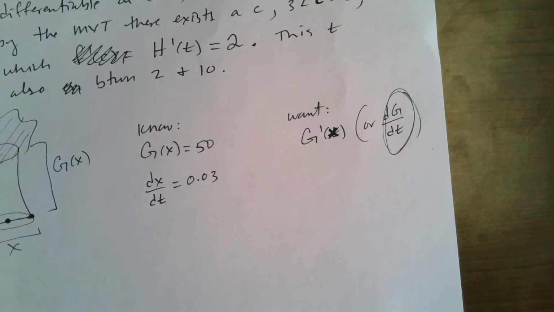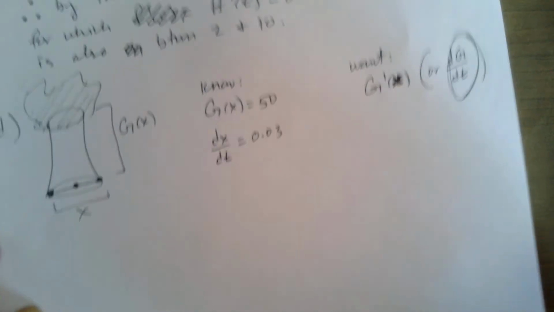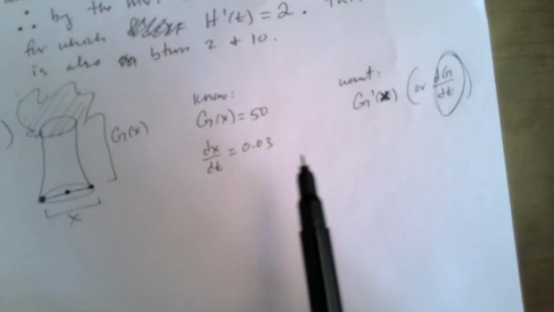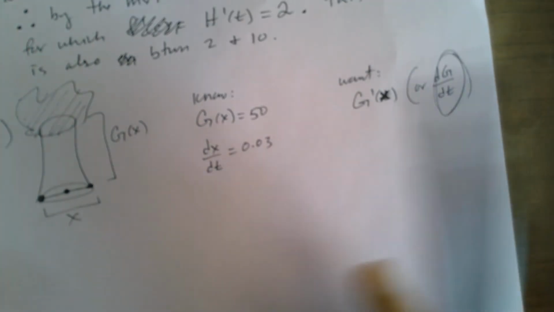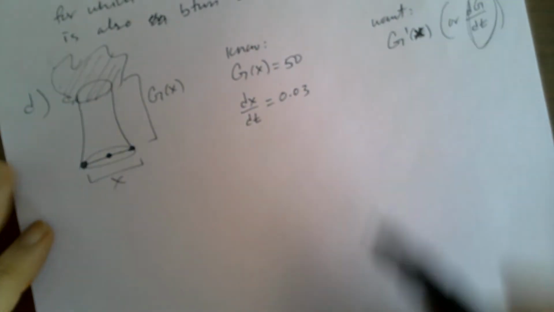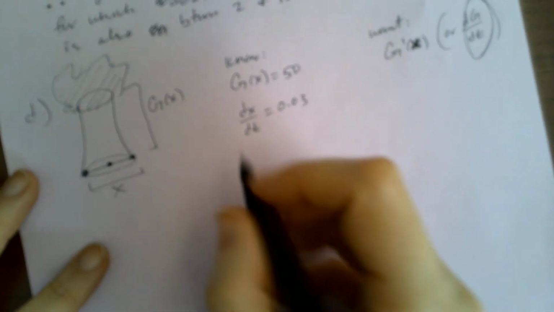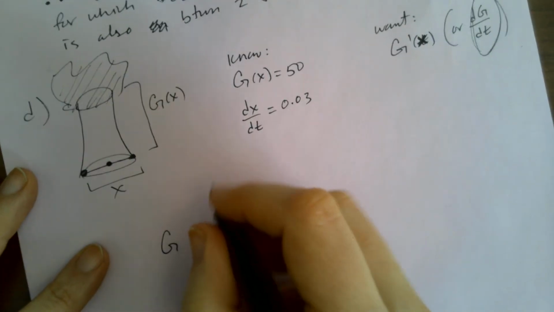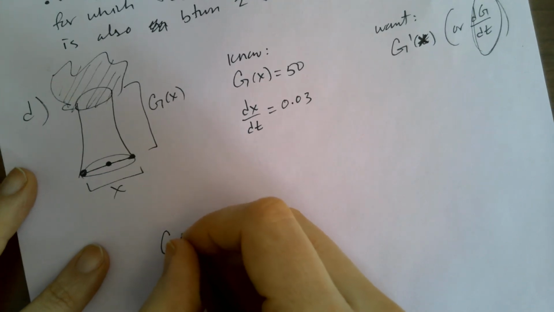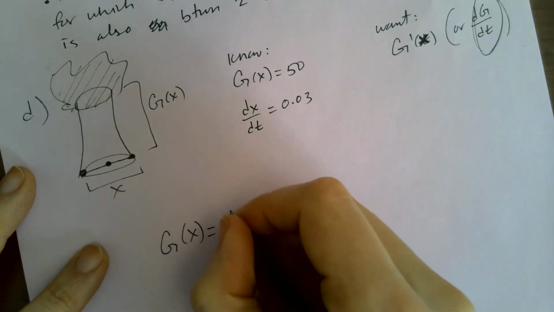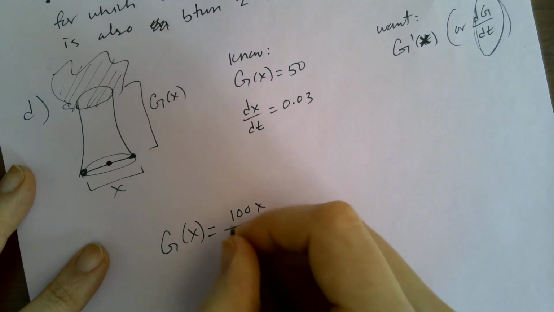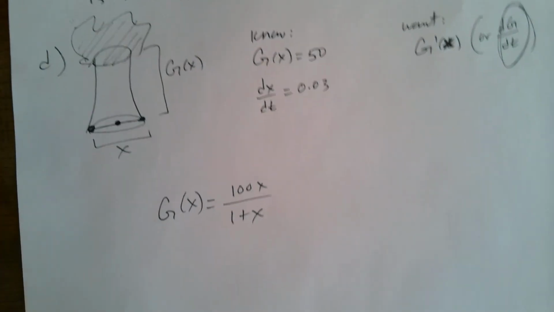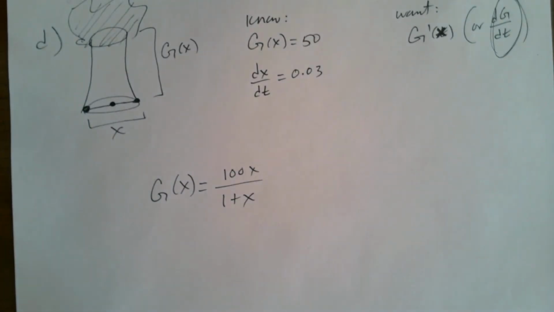Okay, now, let me go through how I was doing it. So I know I have to take the derivative of this. Now everything gets a prime after it.